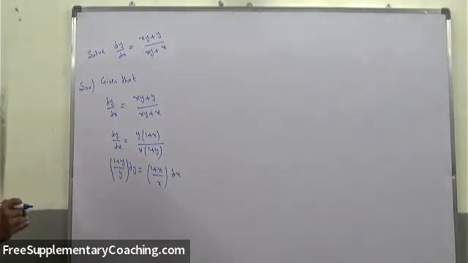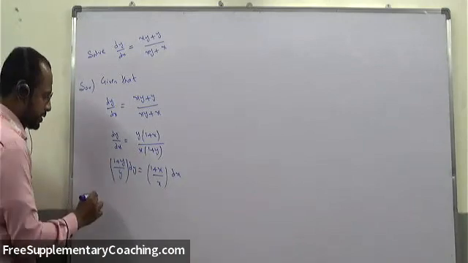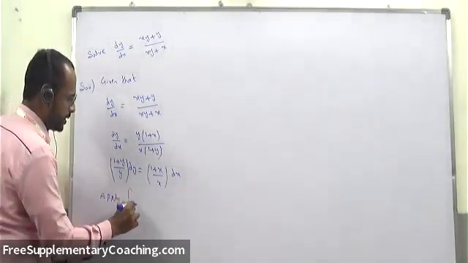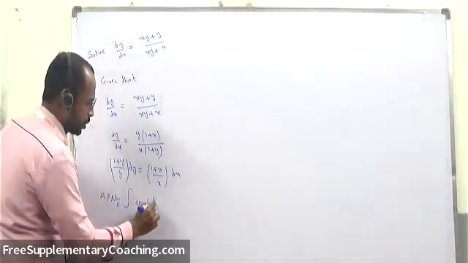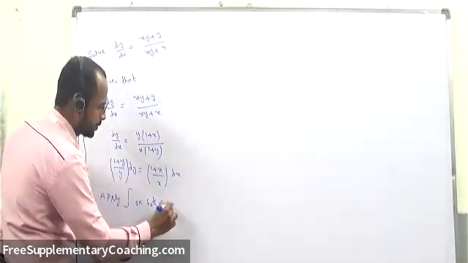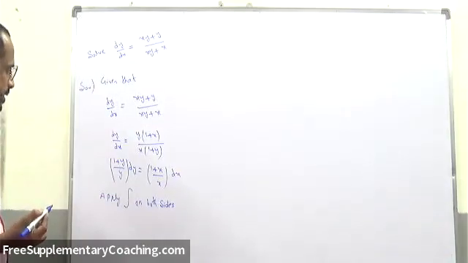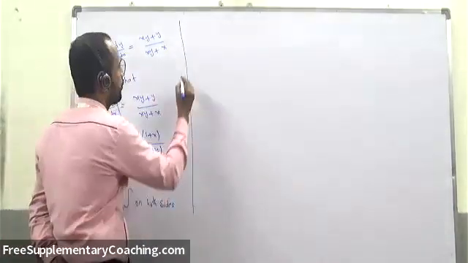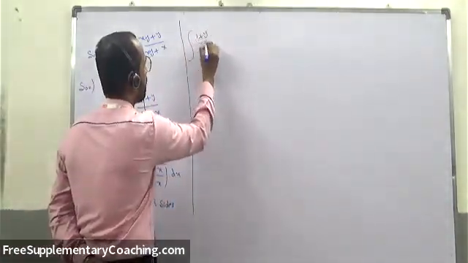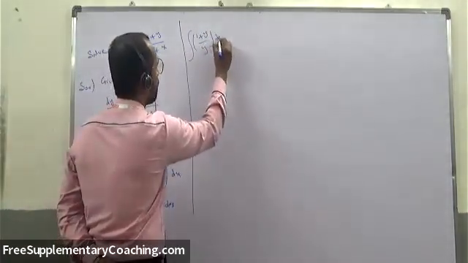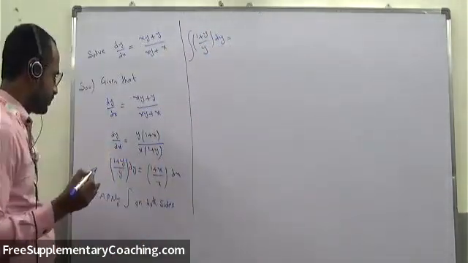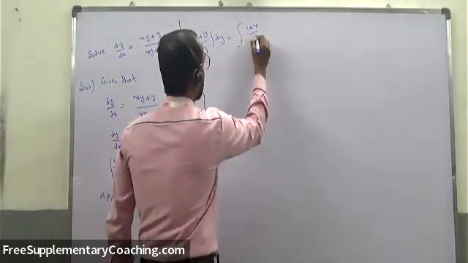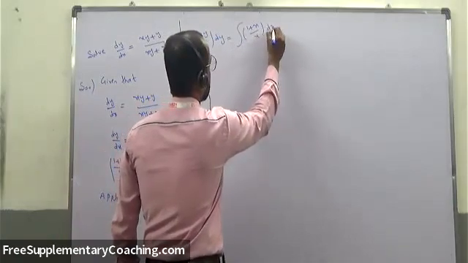Now apply integration on both sides. So what we are getting: integration of 1 plus y by y into dy is equal to integration of 1 plus x by x into dx.